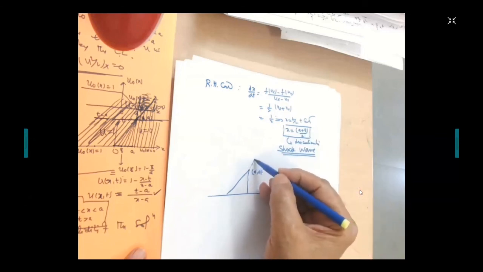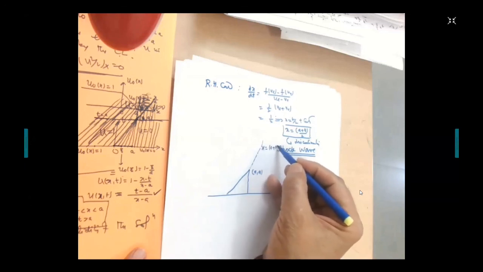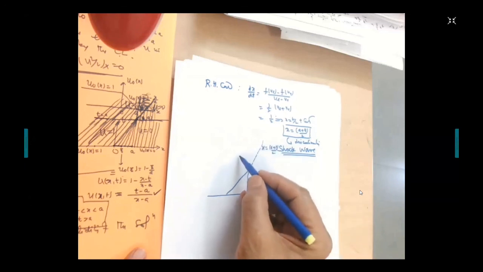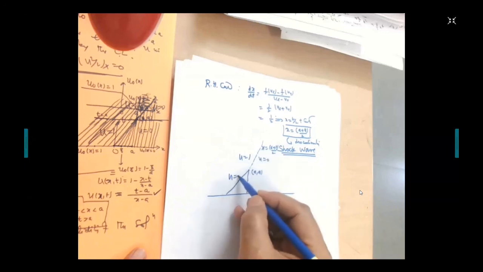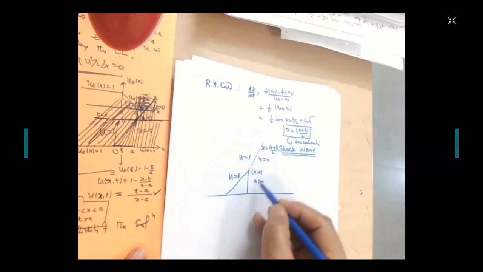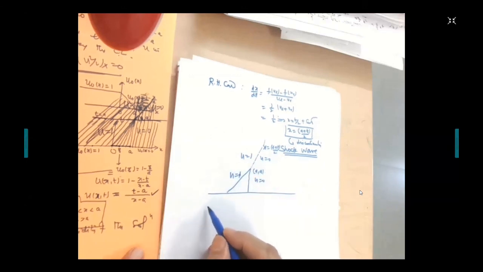From this point onward, the discontinuity is x equal to a plus t by 2. On the left, u is equal to 1; on the right, u is equal to 0 all through. So you can see here the second solution for t greater than a.